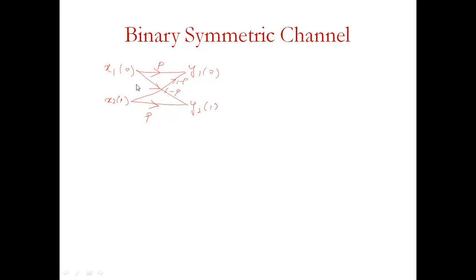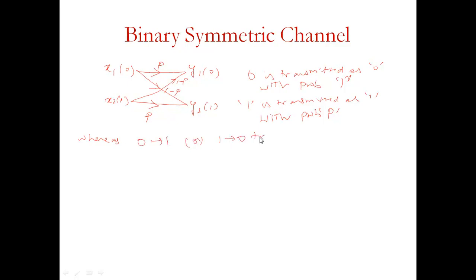Sending 0 and receiving 0 with probability p, and sending 1 and receiving 1 also with probability p, whereas 0 to 1 and 1 to 0 transmission takes place with probability 1 minus p.